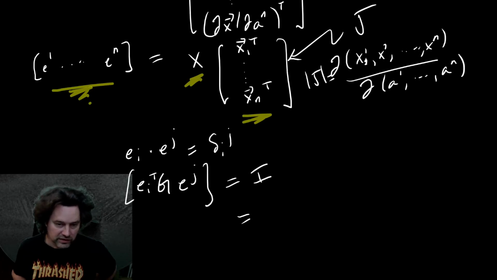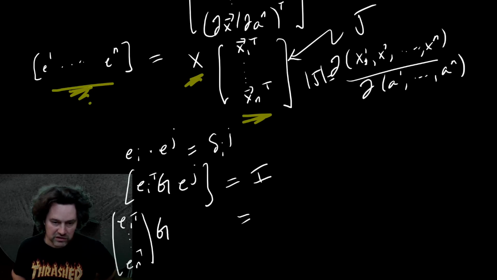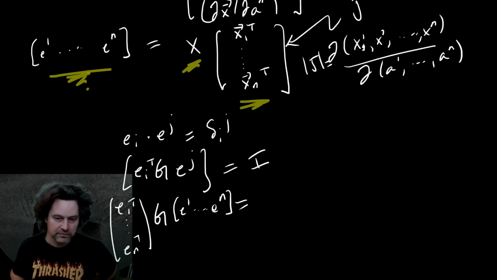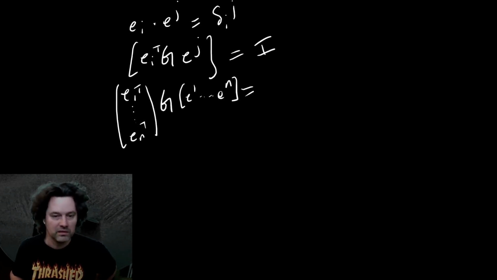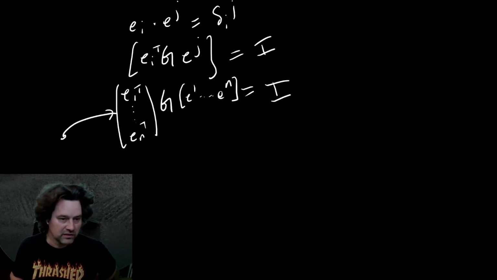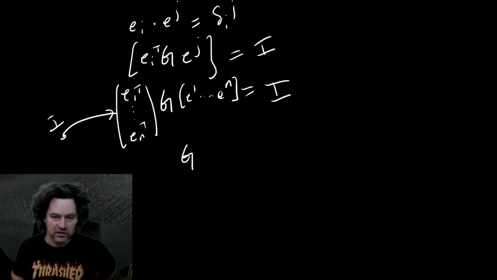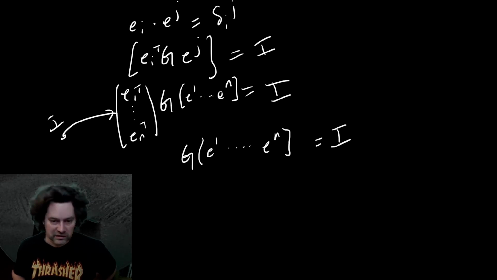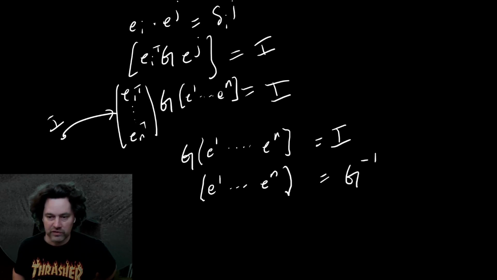And so we have E^1 transposed down to E^n transposed as a matrix factor, then G, then E1 to En, equals I. So we're left with G E1 to En equals I. So our matrix of the standard basis reciprocals is just G inverse.